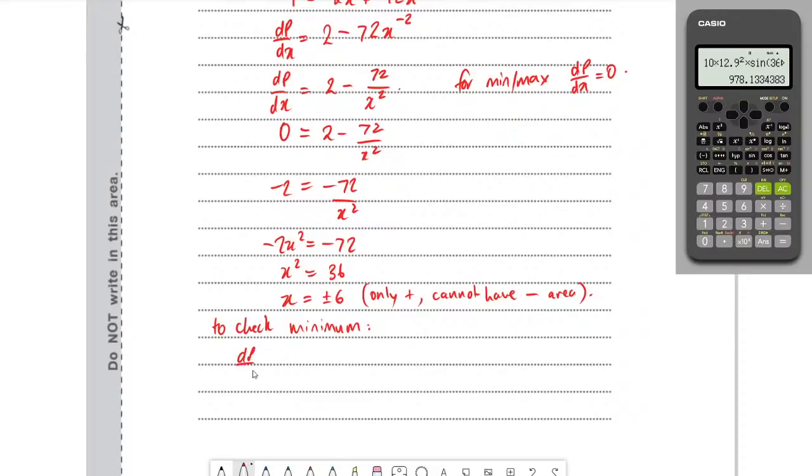So d squared p over dx squared is going to be equal to 144x to the negative 3. And at x equal to 6, we're going to get 144 on 6 cubed.